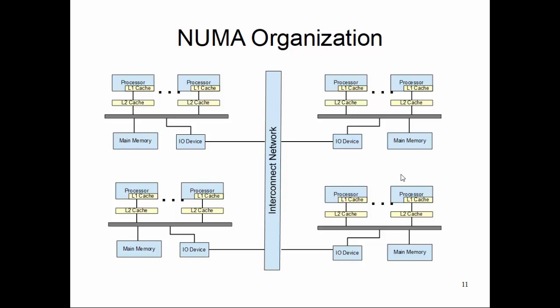Of course, if you are asking for an address associated with the local memory, your access is faster. But if it goes beyond your local memory and you are accessing another machine's memory over the network, it's going to be a little slower. It has a network latency. That's okay.